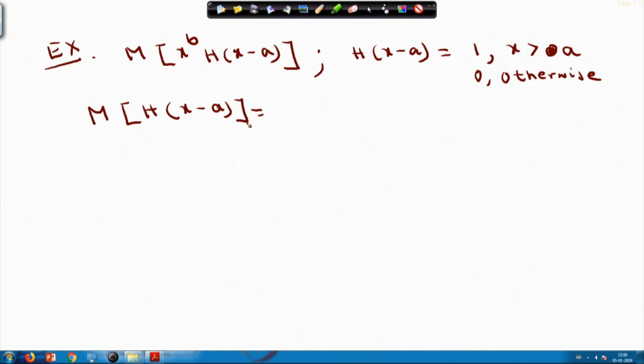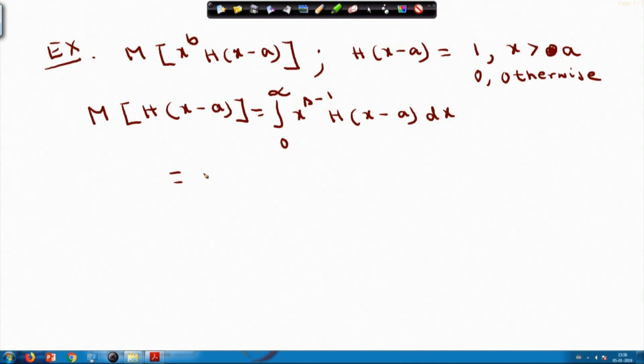So, the Mellin transform of this Heaviside function equals the integral from 0 to infinity of x to the power s minus 1 into H of x minus a dx. As you know from this definition, H of x minus a is 1 for x greater than a and 0 otherwise.